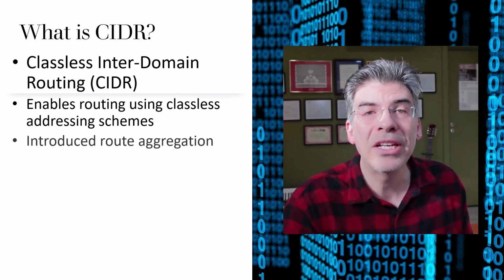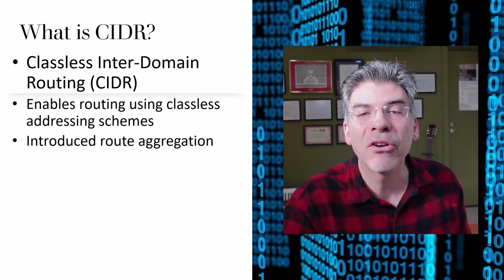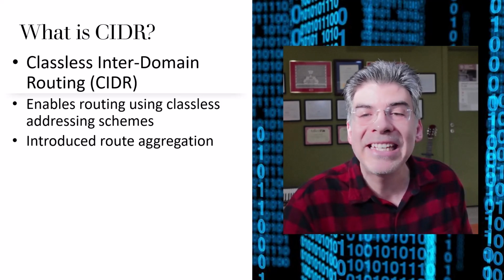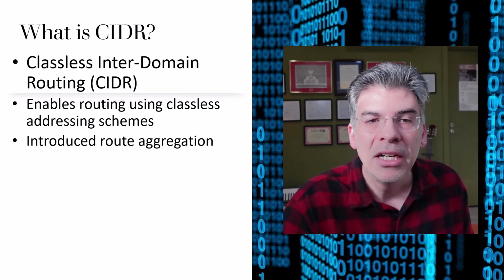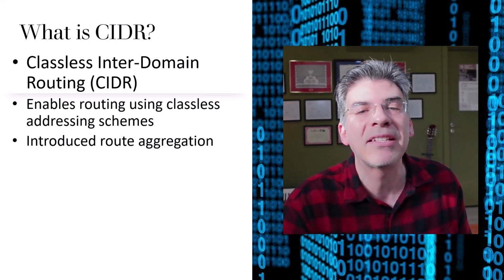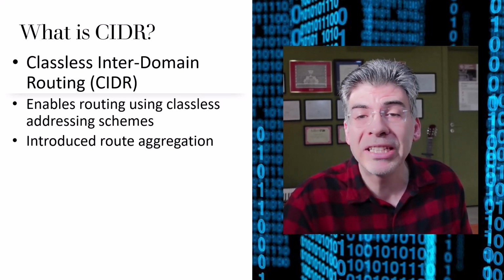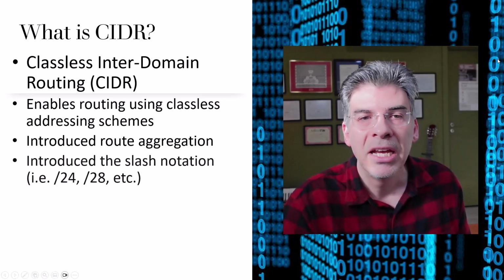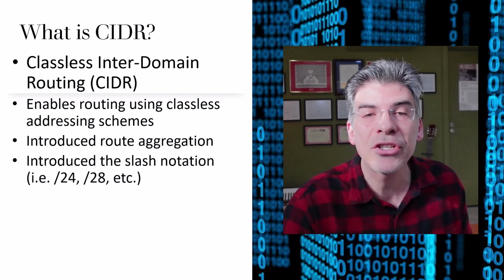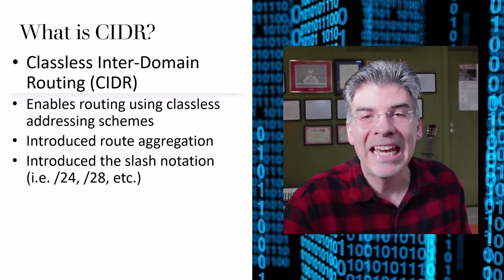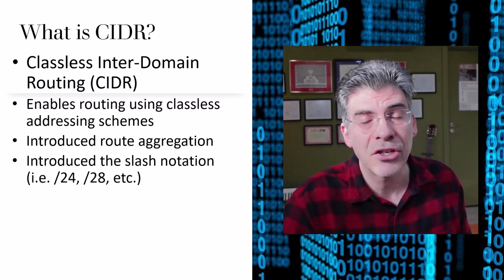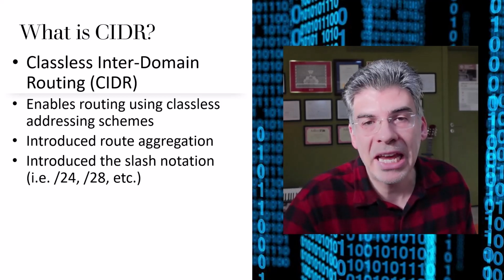Now, CIDR also introduced IP address aggregation, allowing for a single routing table entry to encompass multiple network destinations, thus making routing tables more compact. CIDR also introduced the slash notation for indicating subnet masks, such as /24 or /28.